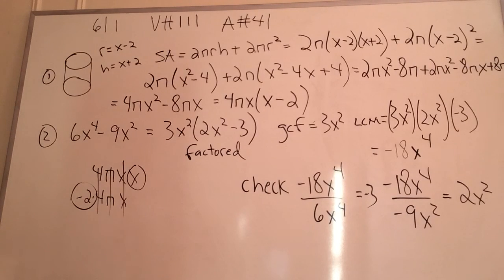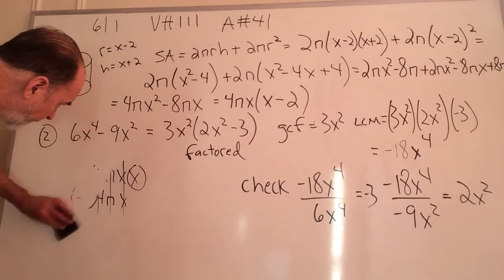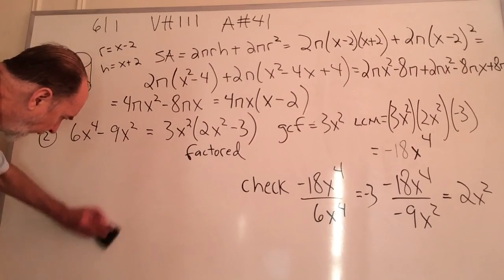And again, the task is to factor, simplify, like actually let's go in order here, the GCF, to factor, the LCM, and to check, which I did all that stuff. So I'll just erase this quickly, dry it off.